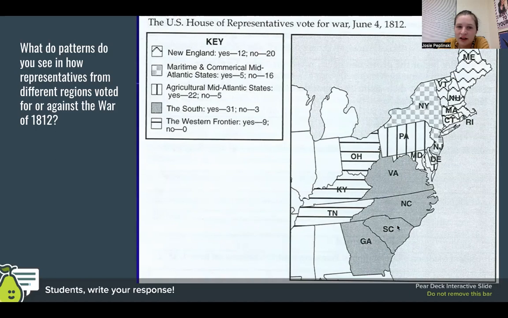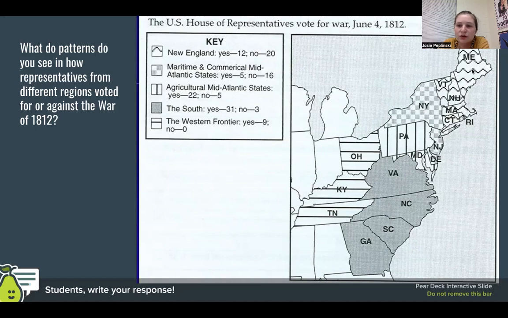In this South area, 31 people vote yes, and only 3 people vote no. So the South and the West very much support the war. These agricultural mid-Atlantic states also, I would throw into that region, do support the war.